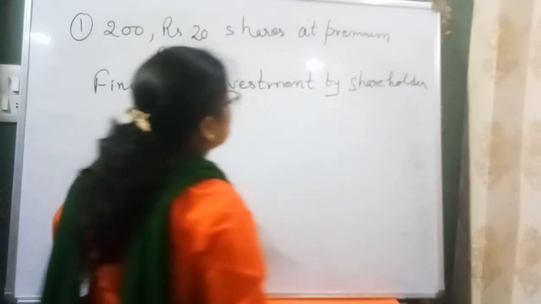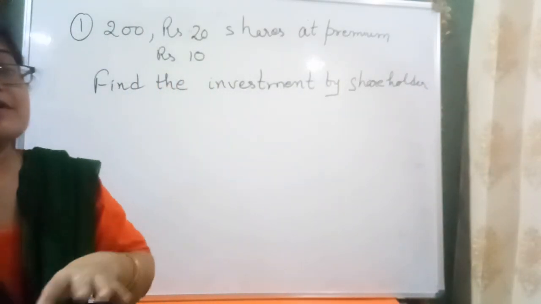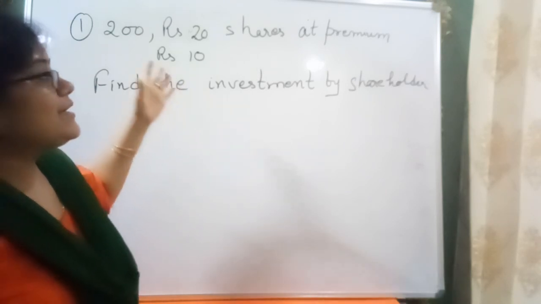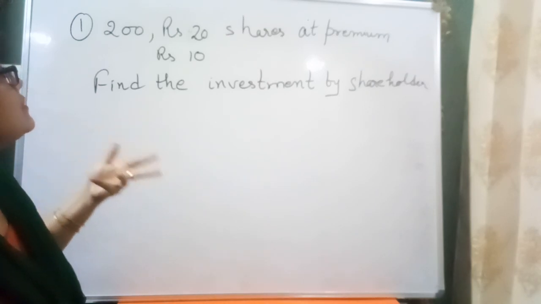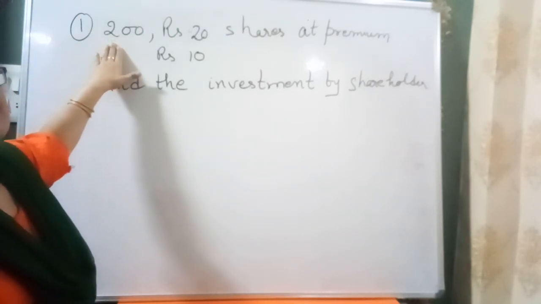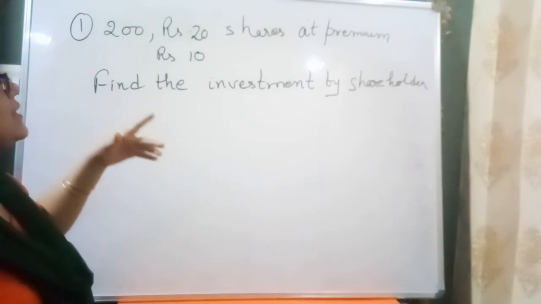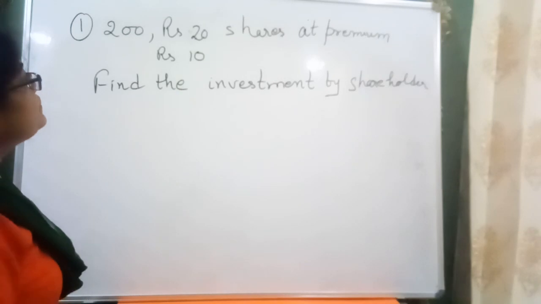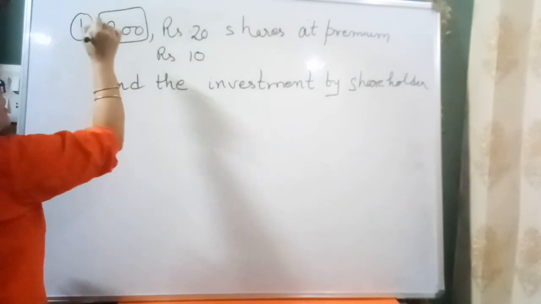Clear? Now, the first thing in the share and dividend topic is to analyze what is given and what is not given. Analysis of the questions in shares and dividends is a tough task for some students. I am giving you tips now. Just listen to me carefully. Here 200 and nothing else is given.